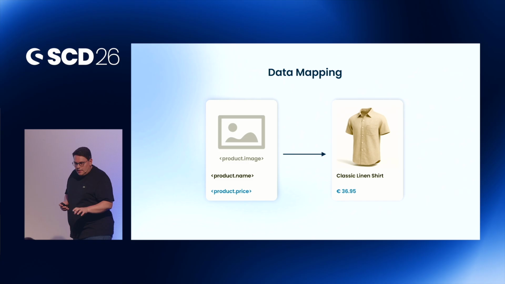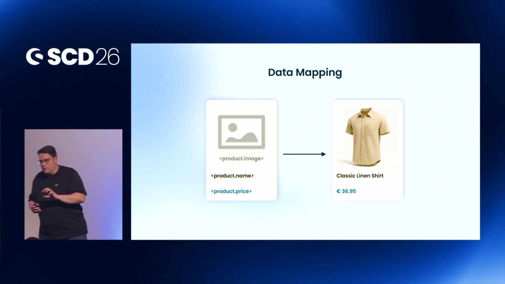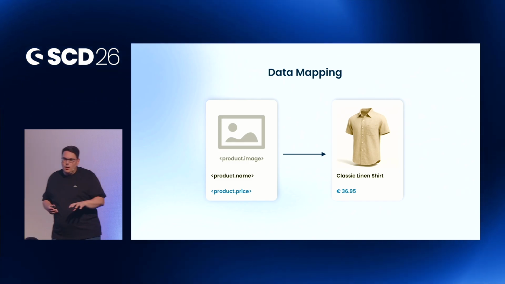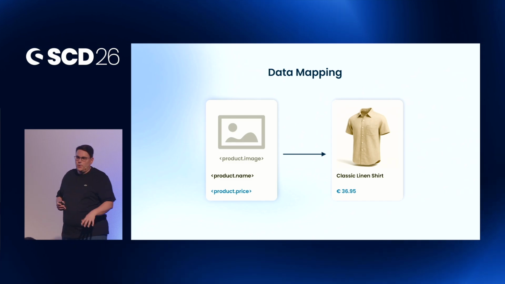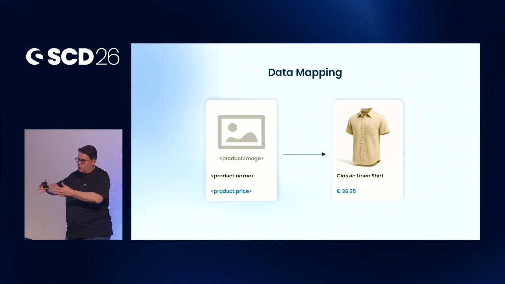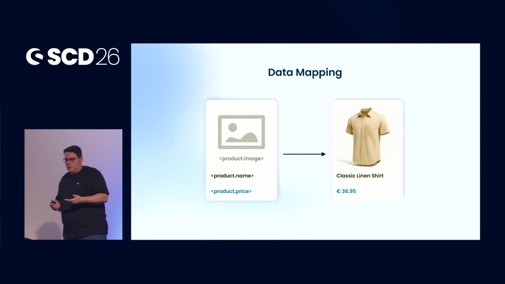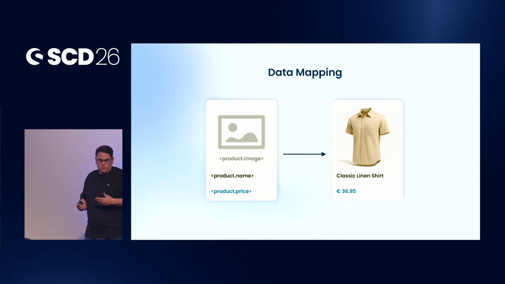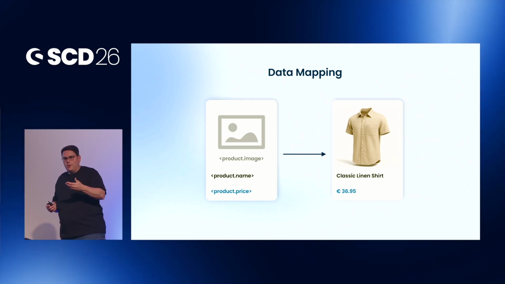What we have today as a concept, but what we really want to extend, is that all the layouts you build in Shopware are not just physical pages where you create one page after another. We have that concept of data mapping today, so you can map certain entity data.